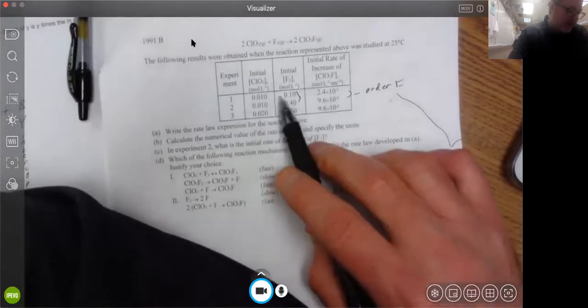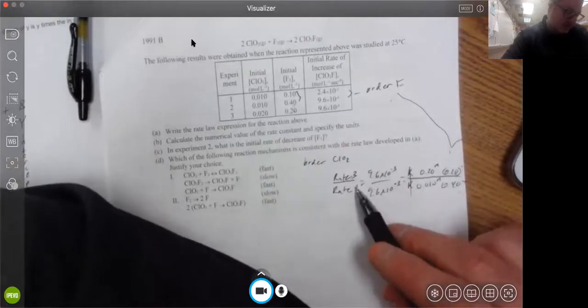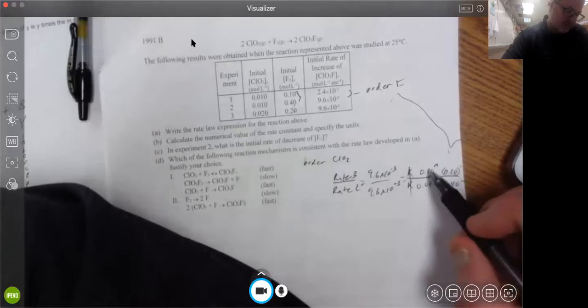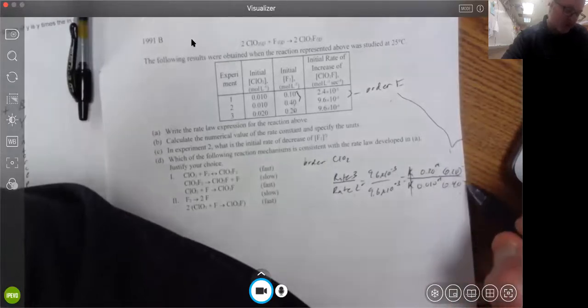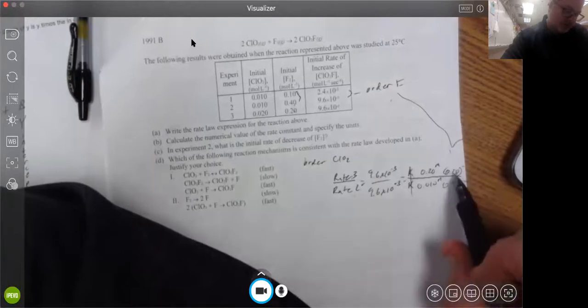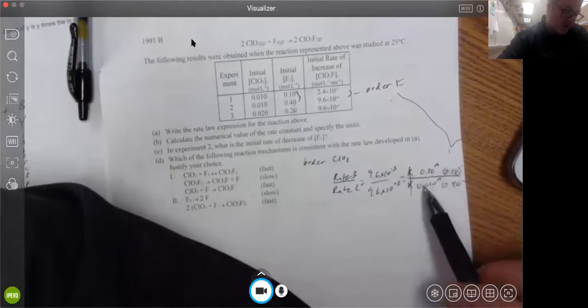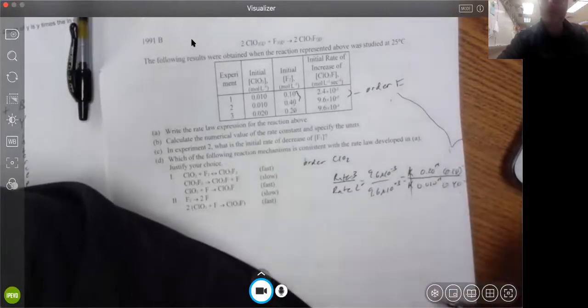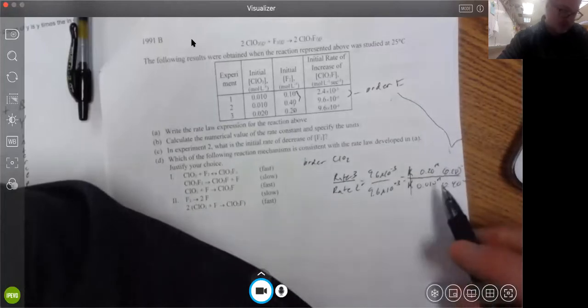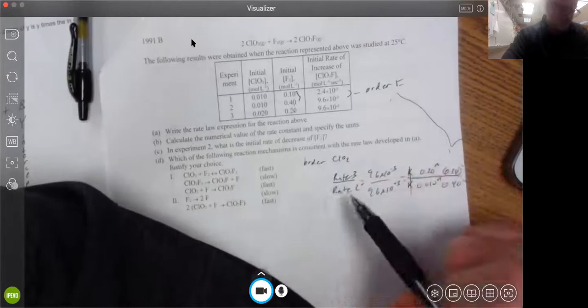Since we cannot make one cancel this time, basically we take the rate to the rate divided by the rate, and then we take these to each of their respective orders and compare them with each other. And normally, for example, if we were doing this with F, the 0.10 and the 0.010 and the 0.1010 would cancel out. So that's one thing that I think that we probably have never done.